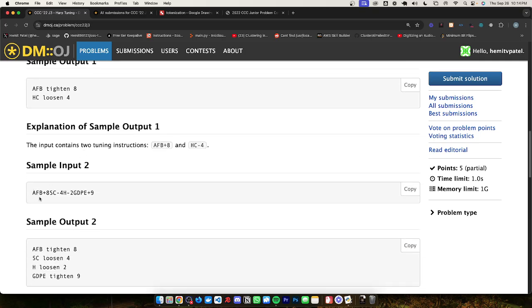Like you have A, F, B plus 8, and this signals the end, because we know that SC will signal the next value because this is a numerical value, and the next value, not next numerical value, the next value S is actually an alphabetical value. So by just seeing this one little thing, it makes our whole program much easier.